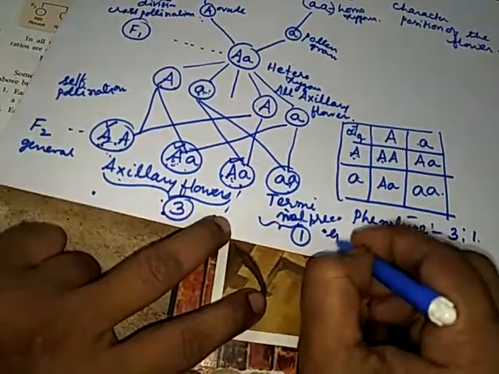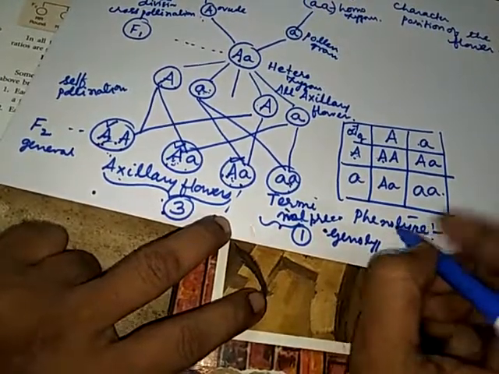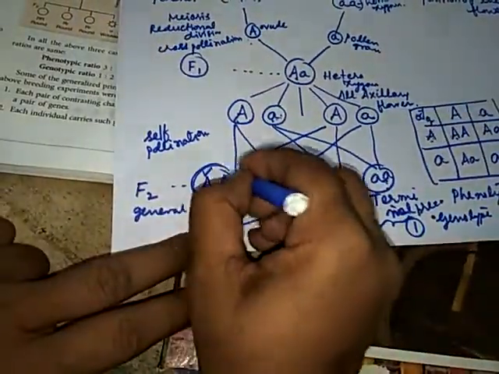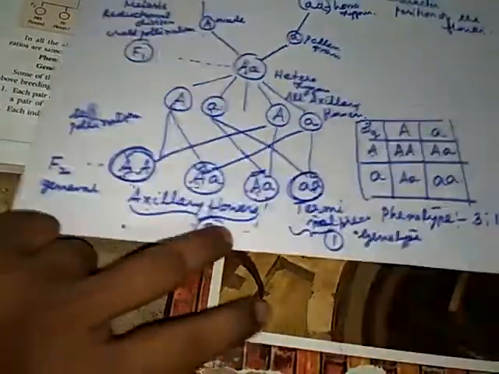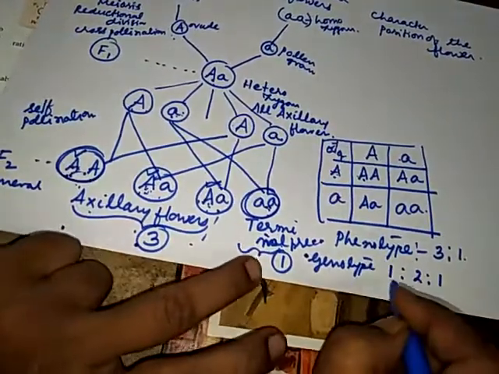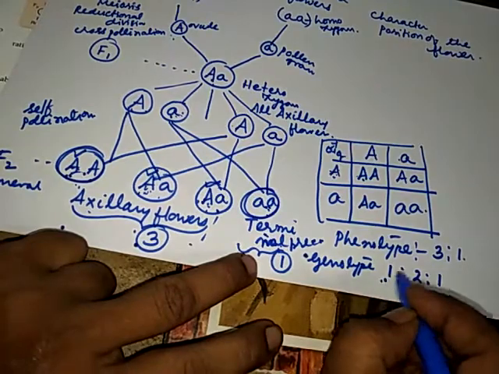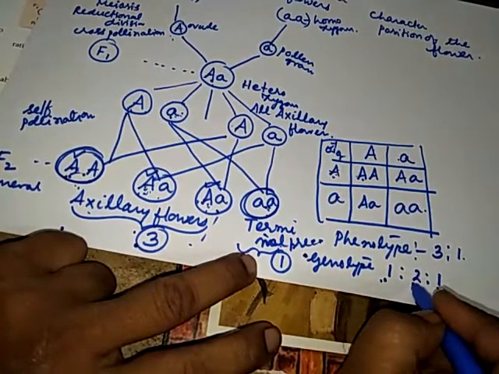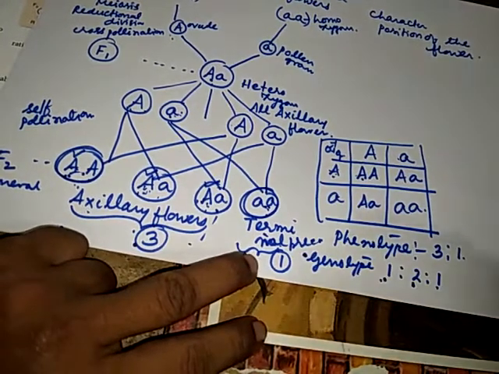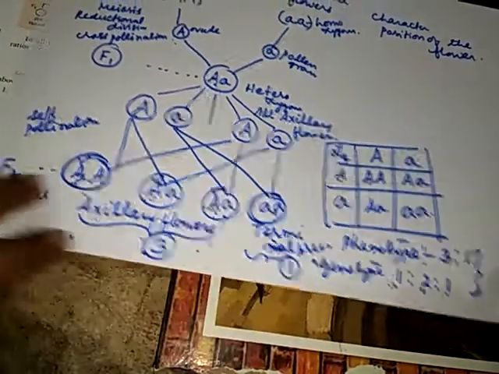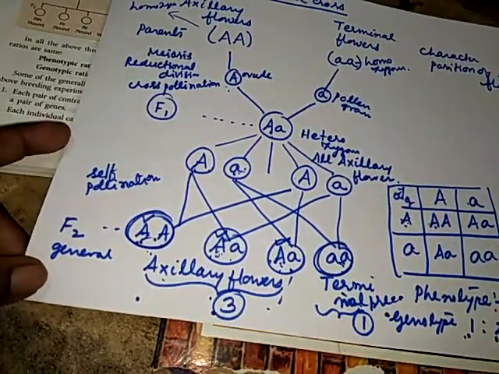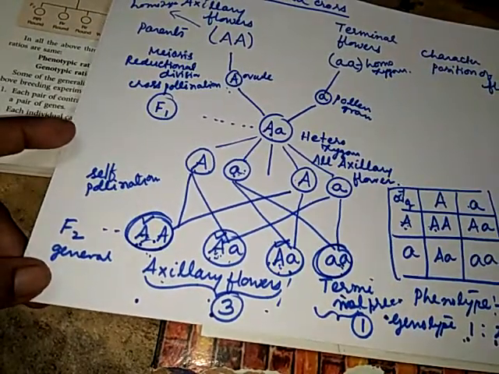And if we find the genotype, one is homozygous axillary, one is homozygous terminal, and two are heterozygous axillary. This is the ratio of these. Okay, and for the next experiment, the second one, we will also verify that.